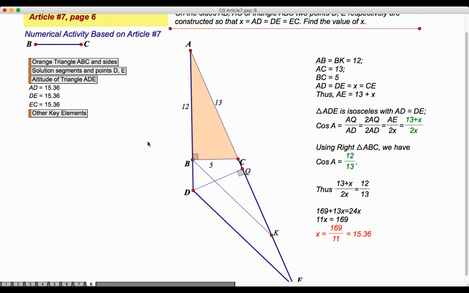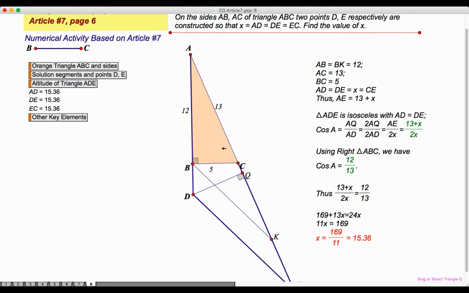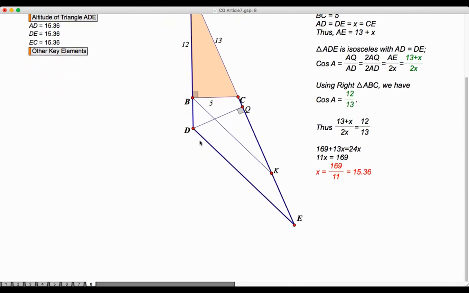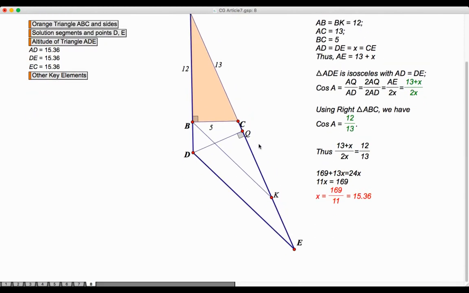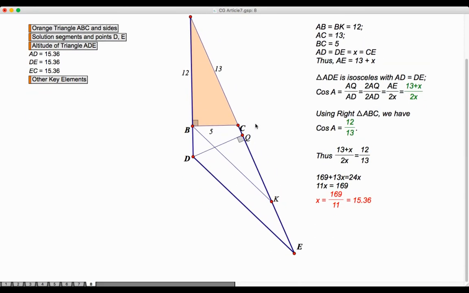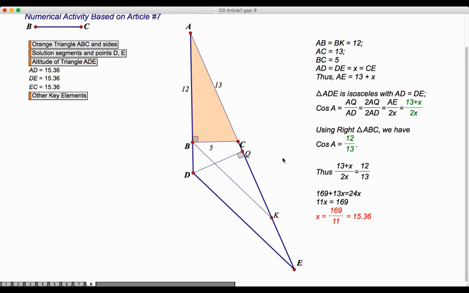So, again, we know that ADE is isosceles, with AD equal to DE. Therefore, cosine of angle A is equal to AQ divided by AD. If I double AQ, it becomes AE. If I double it, I need to double the other also.